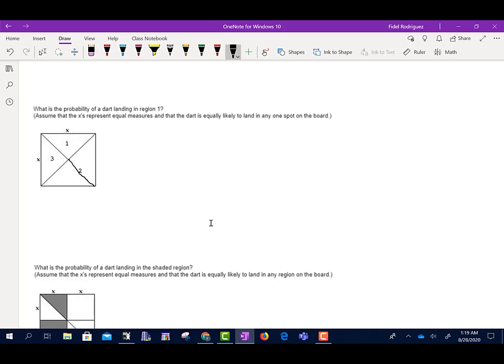Okay, there we go. So now our square is cut up into 4 equal portions. These are both region 2. The fact that we drew a line through it doesn't mean it's not region 2, it's still region 2. We want to know what's the probability of landing in region 1. Well, out of those 4 equal triangles, one of them has the region 1.